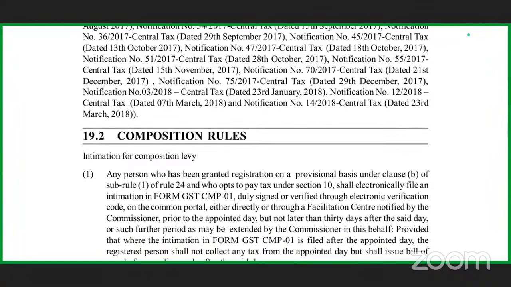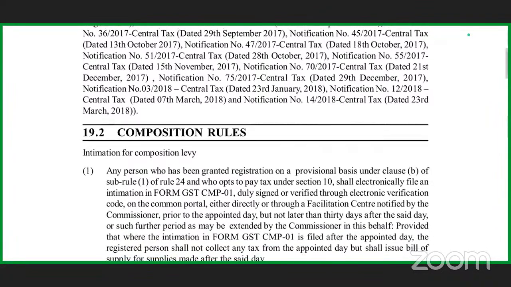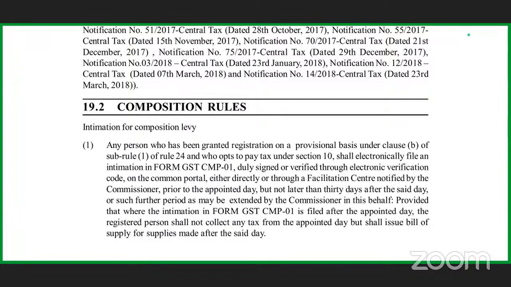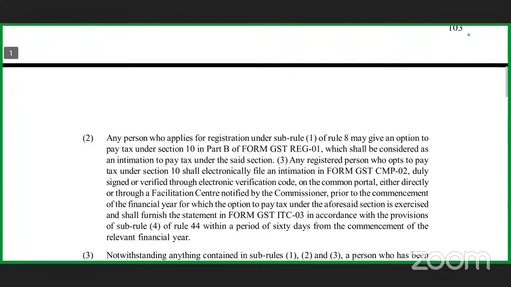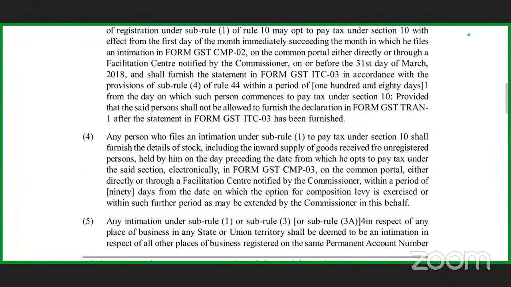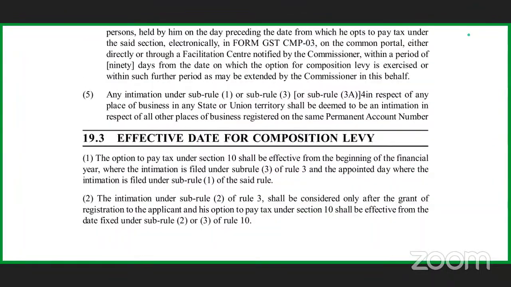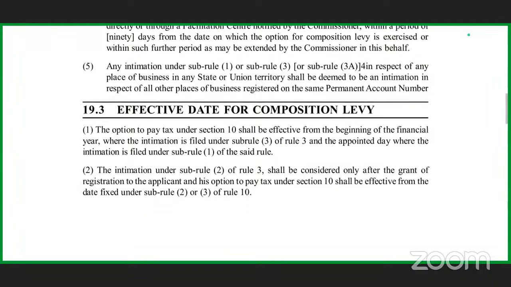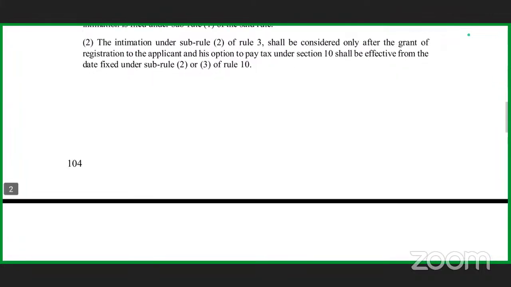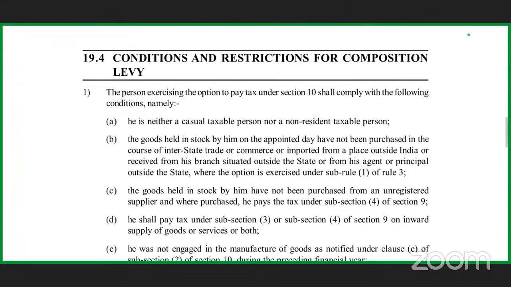And its composition rule: any person who has been granted registration on a provisional basis, who opts to pay tax under this. The composition and effective date for composition of levies from section 10, it talks about that, and conditions and restrictions for composition levy.